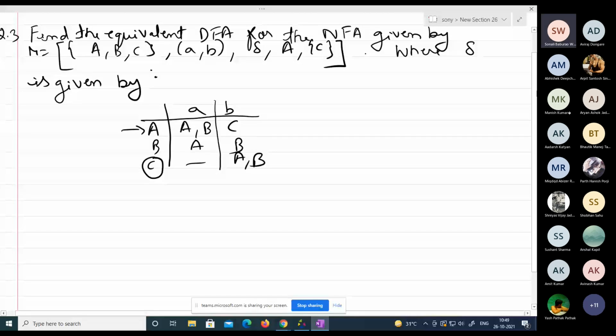Okay, so how do we try to solve this? Step number 1, draw the DFA. Step number 2, after drawing the DFA, you have to show the minimized version of that, and you can specify. You can get more than one final state also. This is a quite tricky question, and this is very, very important. So I want you guys to try this out, okay? And if you are not getting it, let me know.